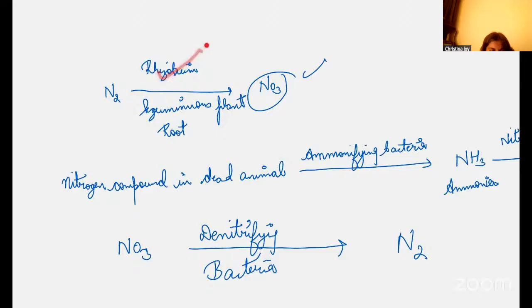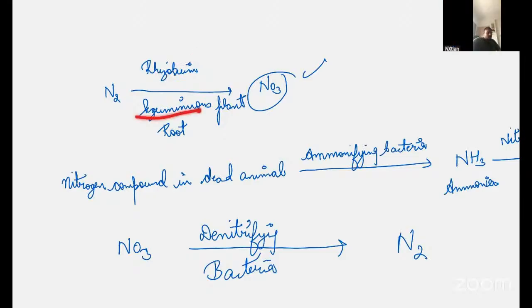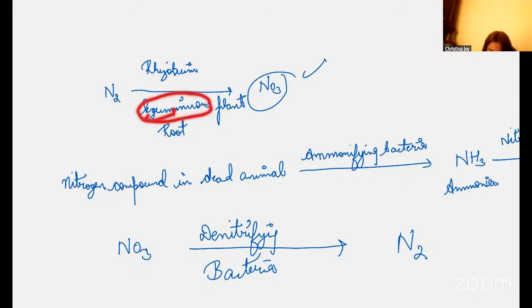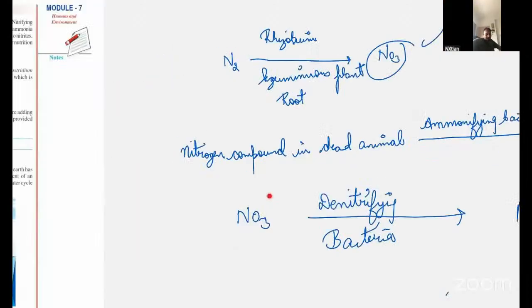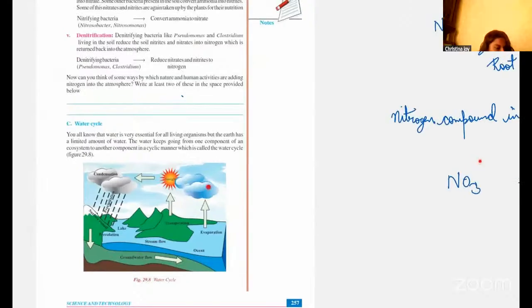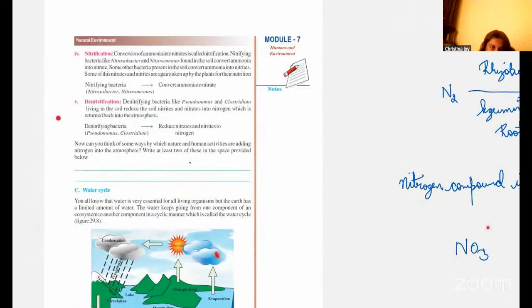But what is the below part? What is that plant name? You're not able to understand the gold medal handwriting? Yes, leguminous plant, sir, which is also called pulses. All the pulses come under the leguminous plants. Okay, sir.